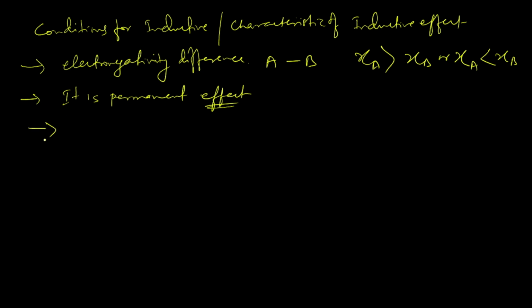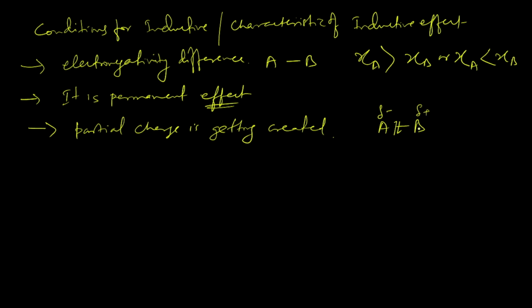And here a partial charge is getting created. How is the partial charge created? Suppose this is A and B, and A has more electronegativity, then the electrons will be shifted towards A. We can say this is partial negative, and this one is partial positive.